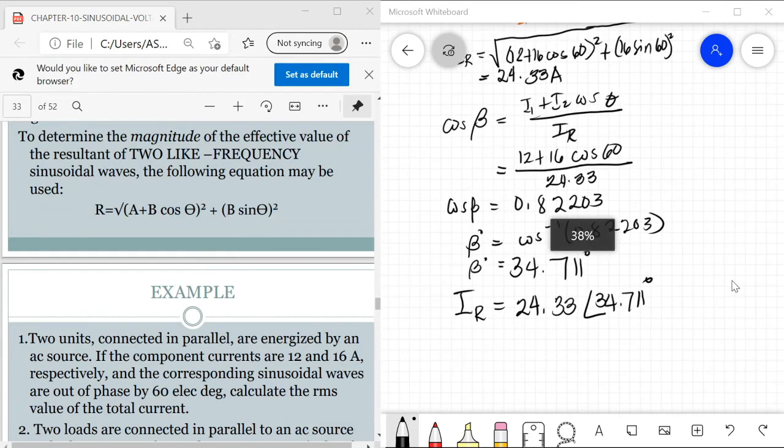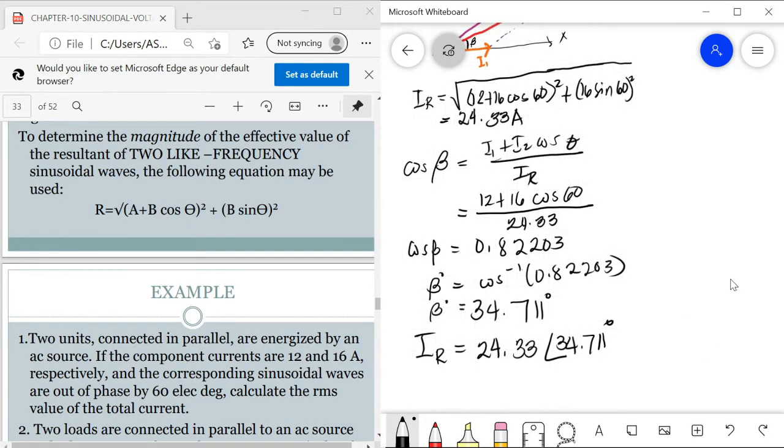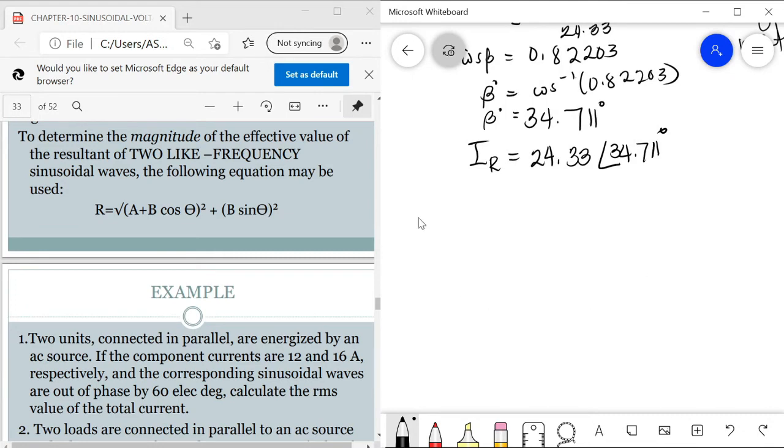So this is a long method. We can calculate this one diretso using calculator. So IR is equal to I1 plus I2 vectorially.